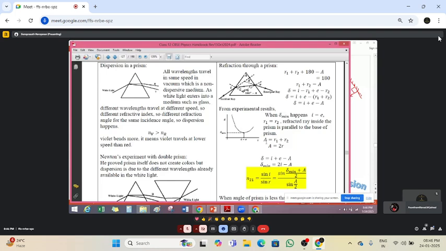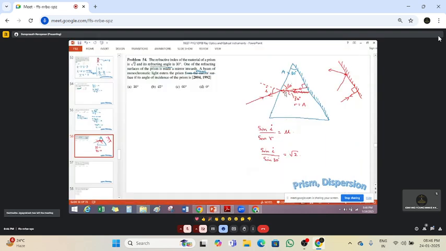So we're talking about this one, Ilya. A is equal to R1 plus R2. Right? Yes, sir. So that is true only when we are talking about the minimum deviation situation. Okay, well. Okay, sir. So right now we are talking about a different situation where the ray of light should hit the mirror at 90 degrees. Then it's coming back here.